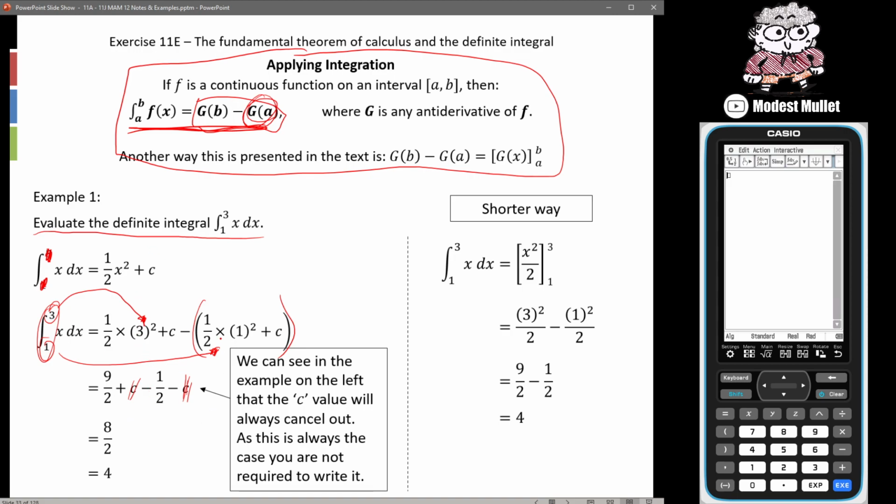So this is the long notation. First find the antiderivative, then substitute both points into it. The shorter notation to write is we can start straight away with the definite integral and then just write the antiderivative in square brackets. This is the antiderivative.